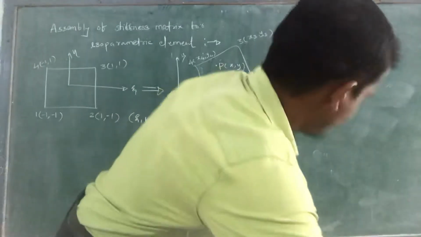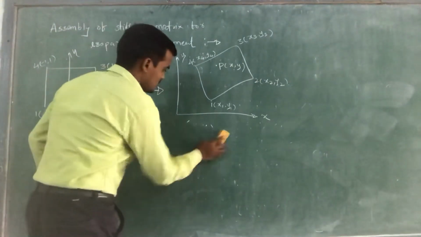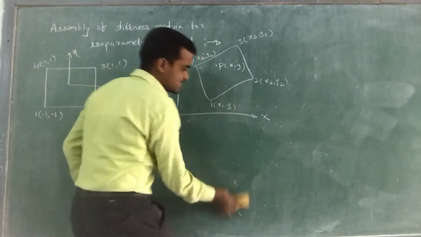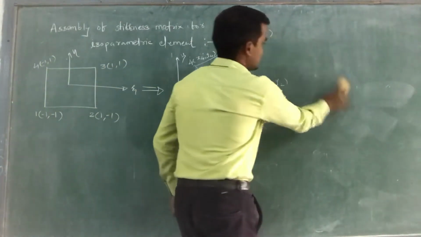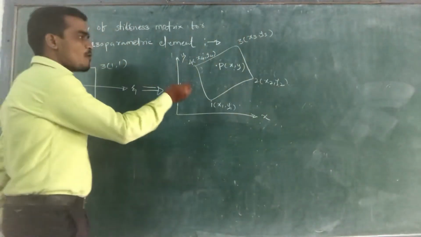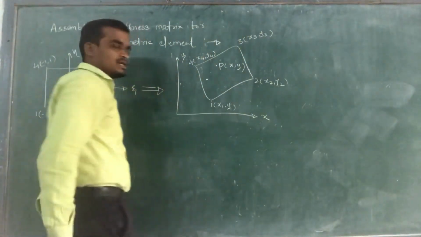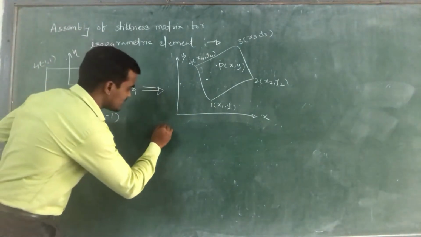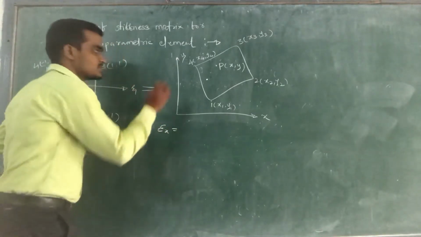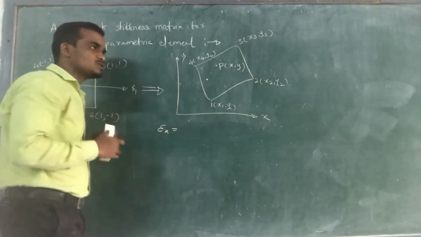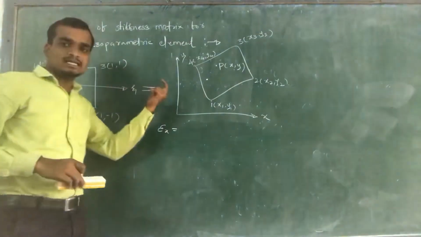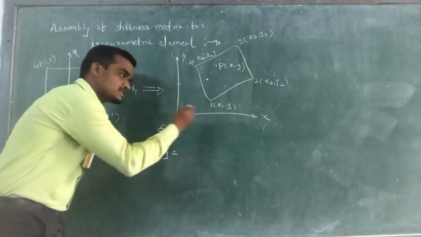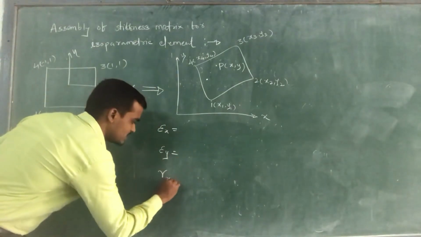Suppose you are asked to find the strain at any point in this isoparametric element. Because this geometry is two-dimensional, we need to consider three types of strains: epsilon x, epsilon y, which is strain in the y direction, and gamma xy, which is shear strain.